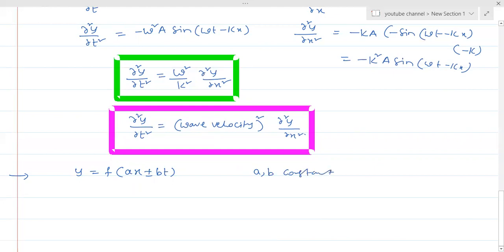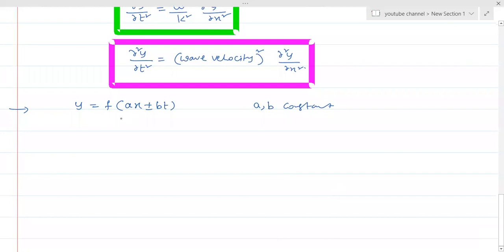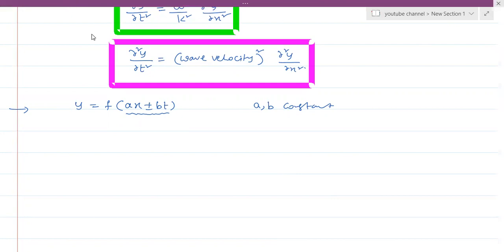Just by differentiating this term, we can easily know the direction as well as the magnitude of velocity. We will discuss it later.